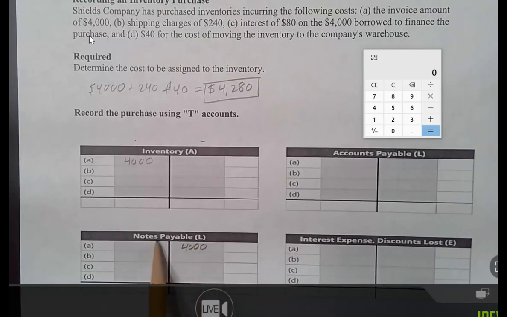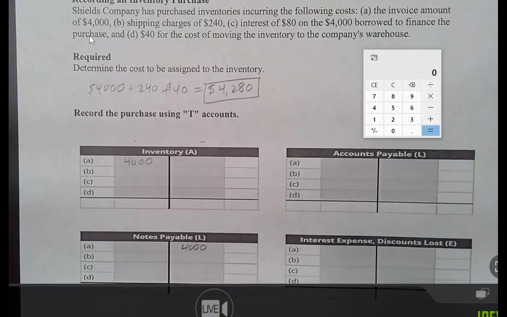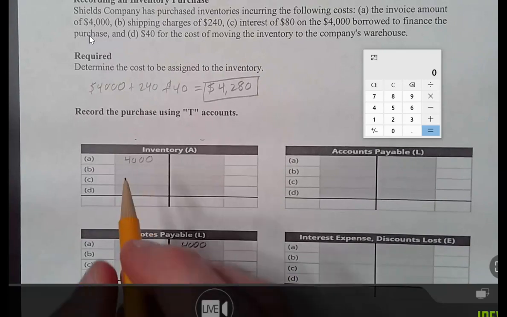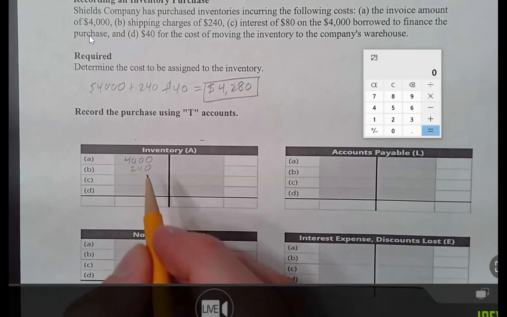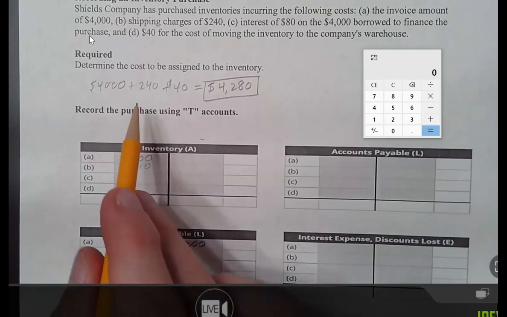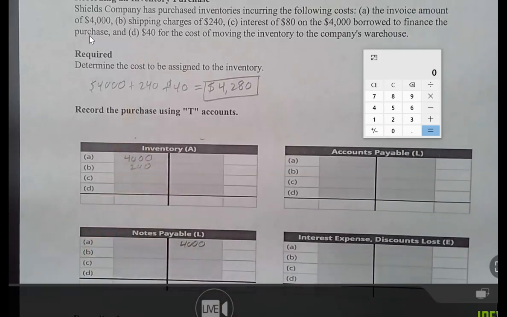So we have a note payable for $4,000 that is also associated with this transaction in A. Now, again, we do not have a cash T account, so we're going to have to assume that these shipping charges here, which are an inventoriable cost, were charged. Essentially, we have not paid the $240 yet. We would still add that $240 to inventory, just as we did up here in the step above.